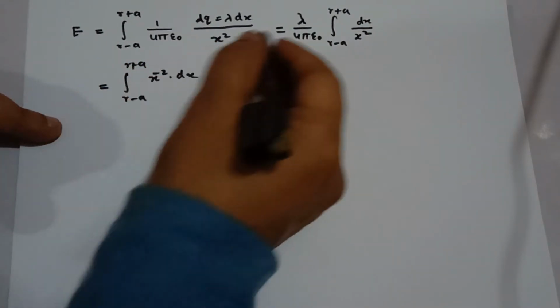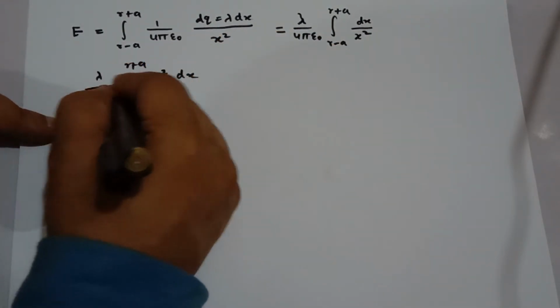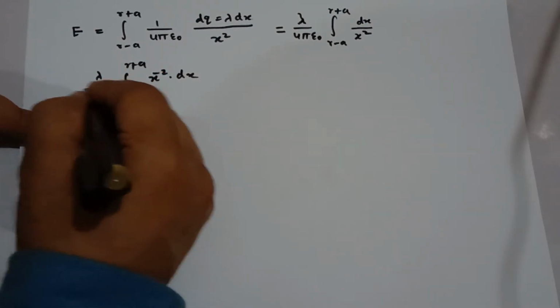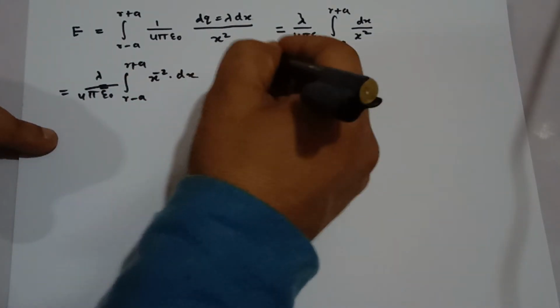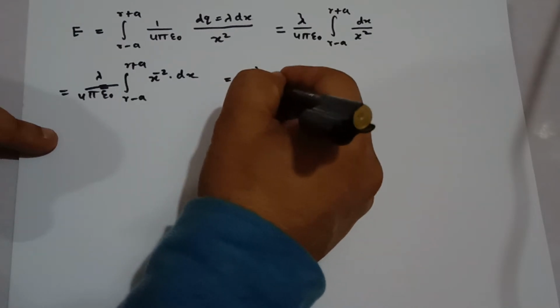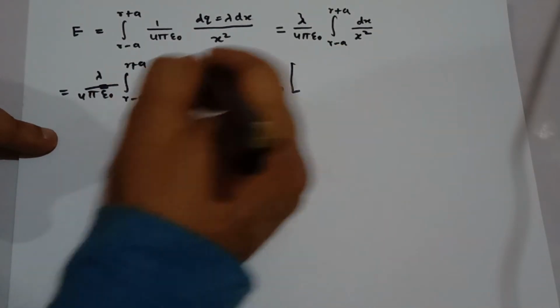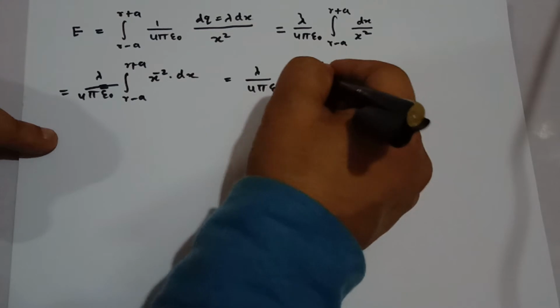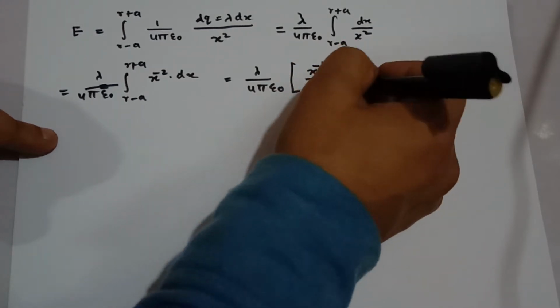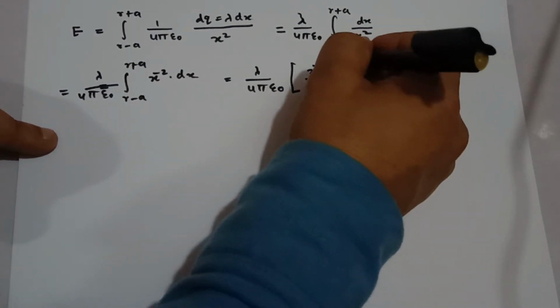And this constant term you can write as lambda divided by 4 pi epsilon naught. When you integrate that, it would be x to the power minus 1 divided by minus 1, with the limit from r minus a to r plus a.